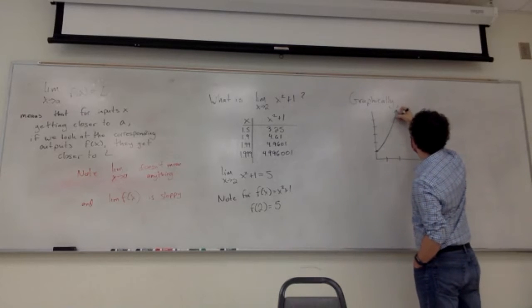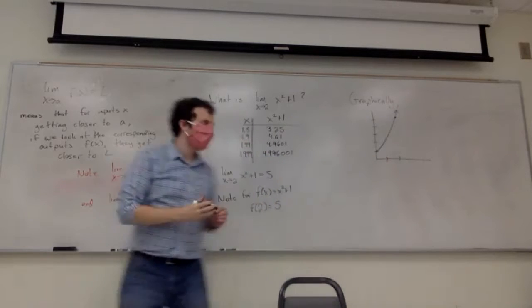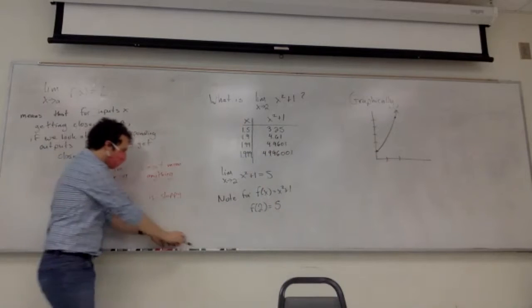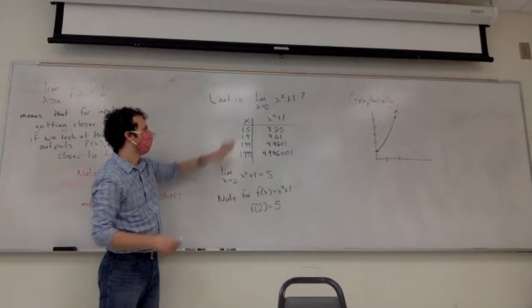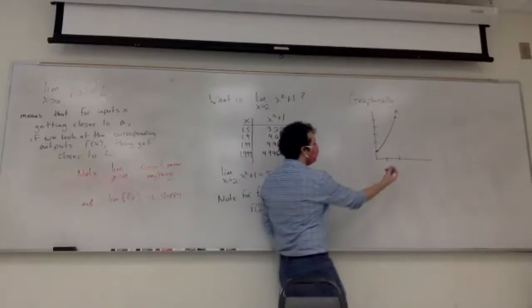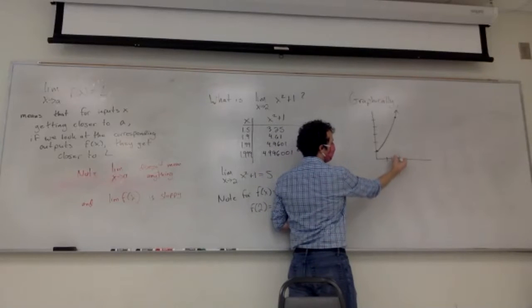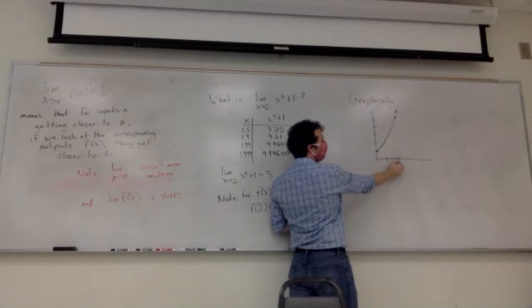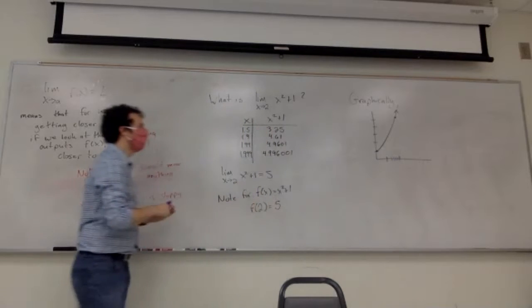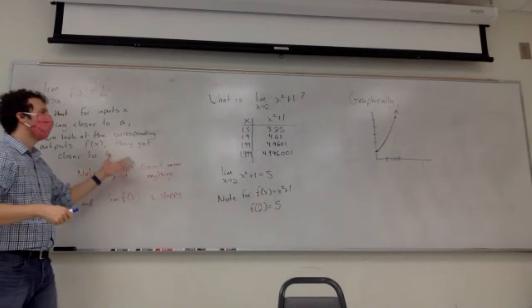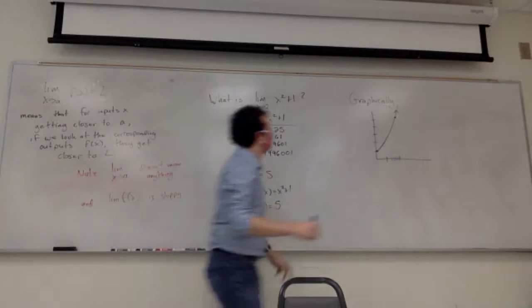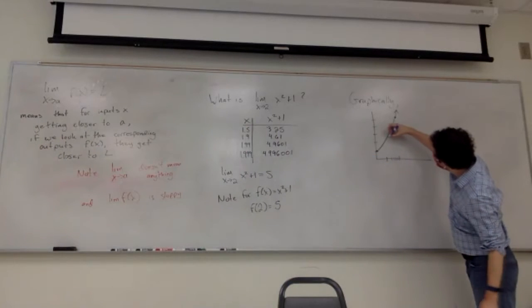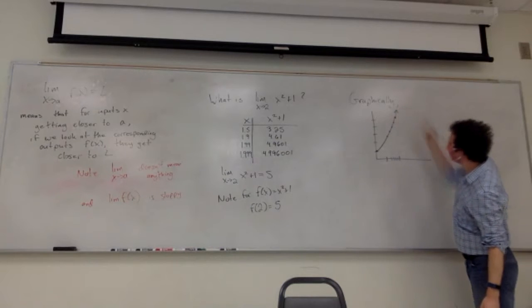And what this table is really telling us is if we picked these x's as inputs, so that would be saying pick x's over here, getting closer and closer to 2, and put them into the function, you get the height of the points on the graph. So you would get some points on the graph that are moving up.